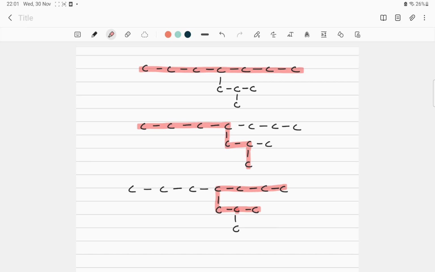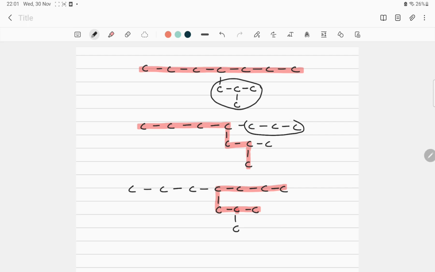When more than one carbon chain with the same number of carbon atoms is possible as the parent chain, then the chain which contains the maximum number of substituents should be selected. What does it mean? If we go with the first example, there is only one substituent. If we talk about the second one, there are two substituents.